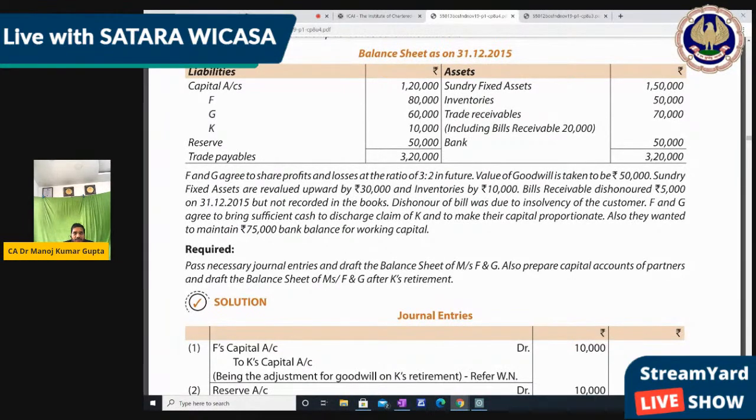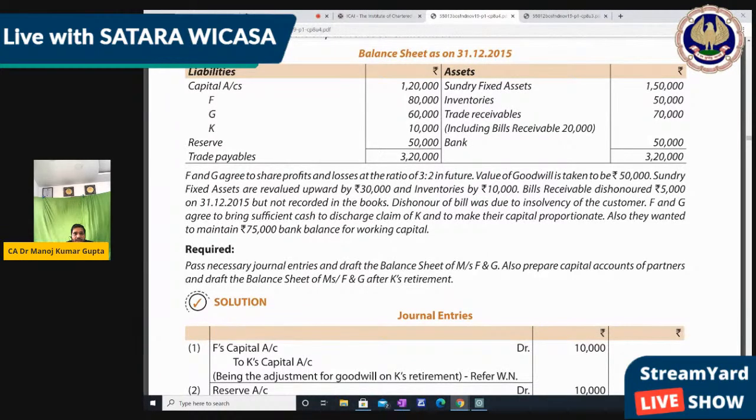Dishonor of bill was due to insolvency of the customer. So it means this is indirectly showing dishonor, but actually it is bad debts because the customer became insolvent. So now he will not get money back from this customer. That's why we should consider it like a bad debt, right? So we can write it as a revaluation loss, bad debts.